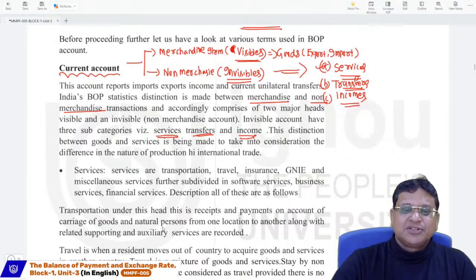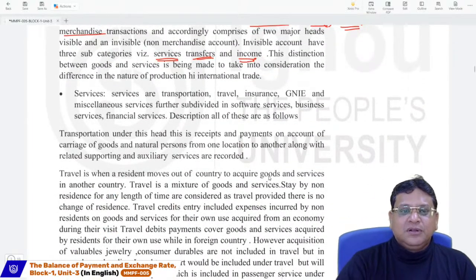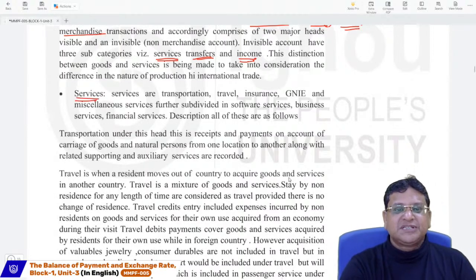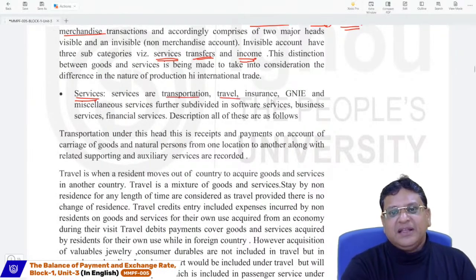What is services? Services refer to different types of foreign services which we enjoy, like transportation, travel, insurance, GNI, and miscellaneous services.